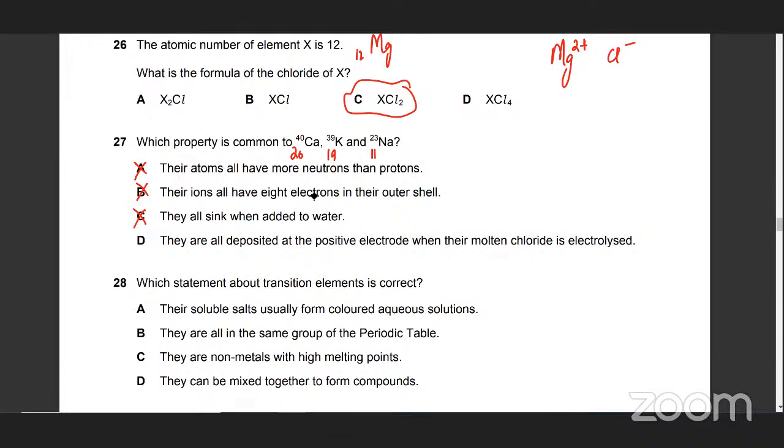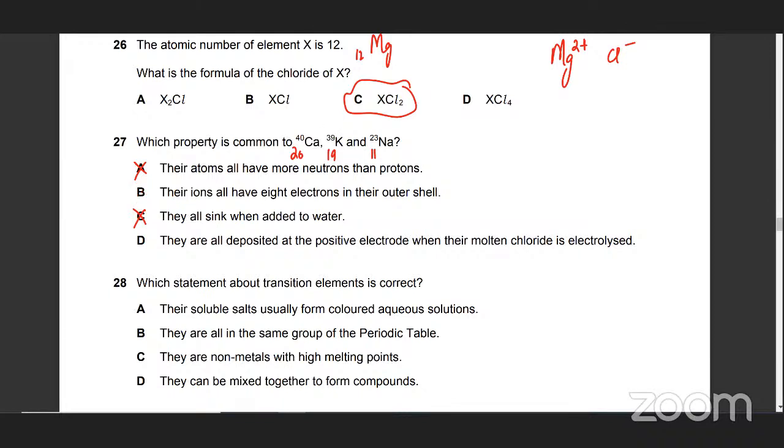Not calcium, potassium and sodium, group 1 metals, they don't sink. They have low density. Calcium will sink. अच्छा, उसके बाद they all deposited at the positive electrode, तो positive पे ही जाएंगे. नहीं, they all deposited at the negative when they are molten. नहीं, तुमने सारी गलत कर ली है. So it's option B. Their ions have 8 electrons. अच्छा, sorry, ions थे.